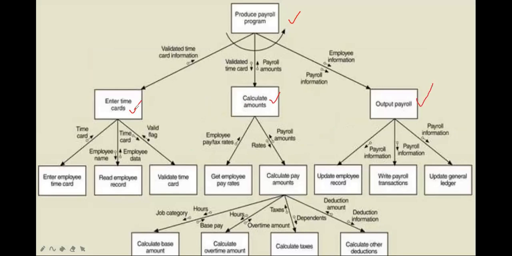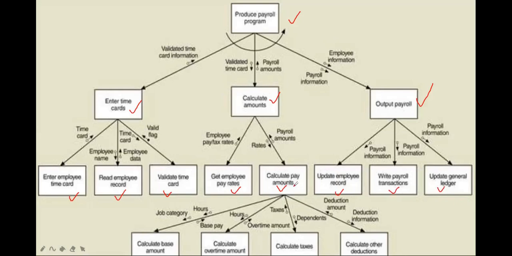Now further, this particular enter time cards has been divided into three: enter employee time card, read employee record, validate time card. For calculation of amounts, it has get employee pay rates and calculate pay amounts. Then output payroll is further divided into update employee record, write payroll transactions, update general ledger.